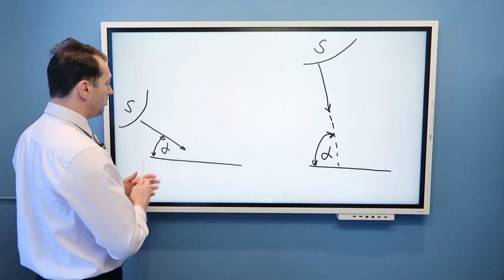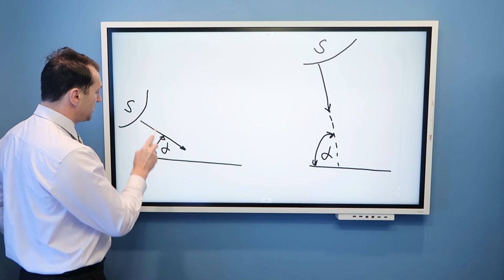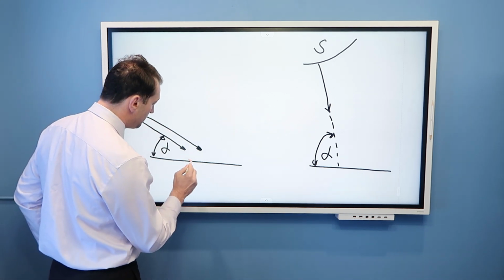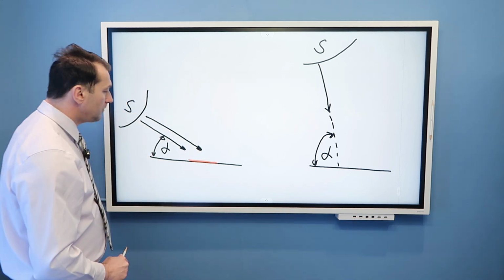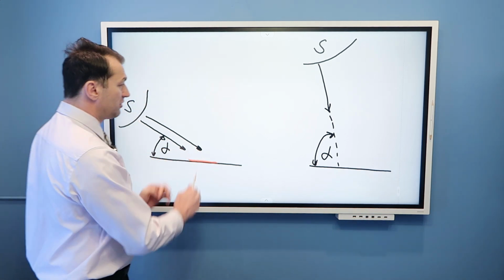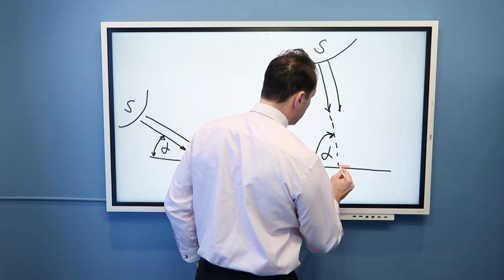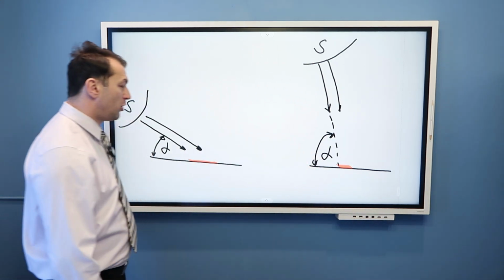Now, from my video on the intensity of solar radiation, you know that these two rays will be distributed across much larger surface area compared to two rays here that are concentrated over much smaller area.